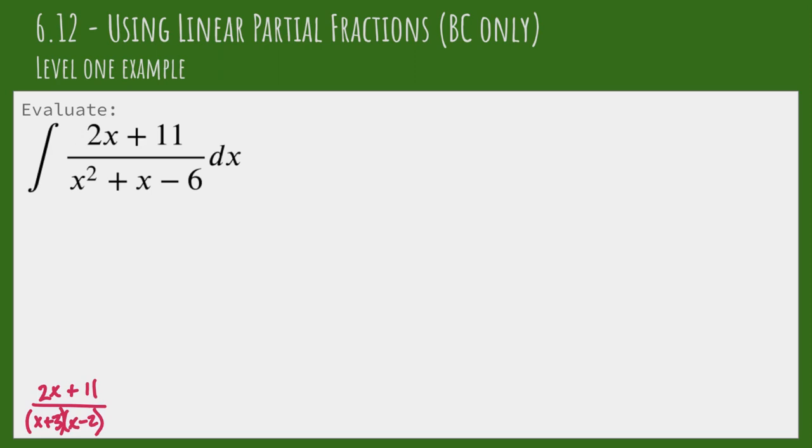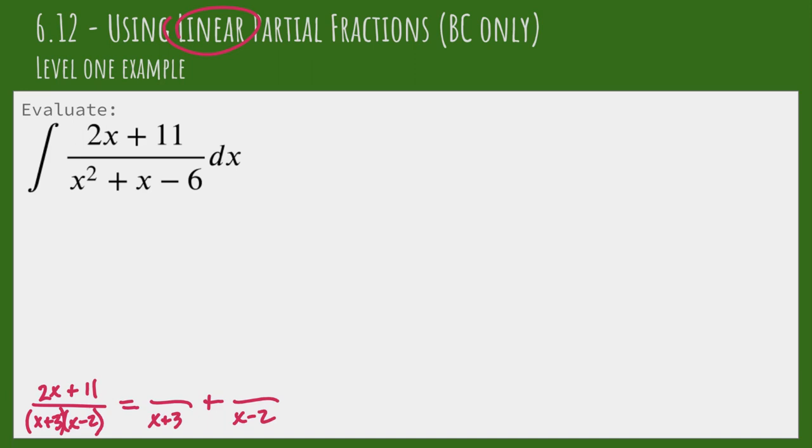And we want to think of this as the sum of two fractions where we've gotten a common denominator of x plus 3 times x minus 2. So we're going to write it just like that, x plus 3, x minus 2. Now, these are linear partial fractions, meaning that the numerator is just going to be a constant.